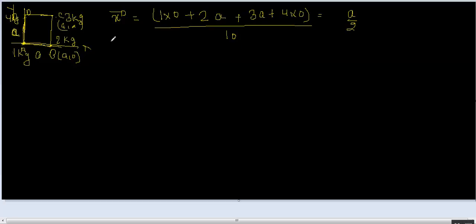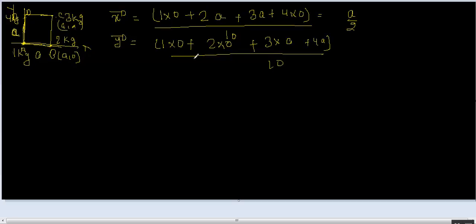Now we are going to find the y coordinate. It is 1 into 0, because the y coordinate is 0, plus 2 into 0, because the y coordinate is 0, plus 3 into A, because the y coordinate here is A, plus 4 into A, because the y coordinate for this point is A, so plus 4A, divided by 10, because 1 plus 2 is 3, plus 3 is 6, plus 4 is 10.